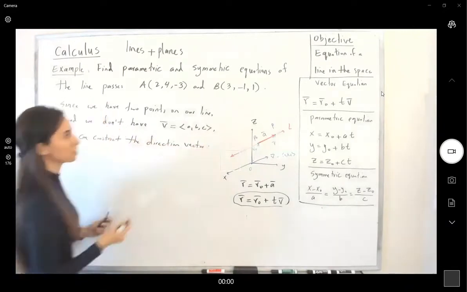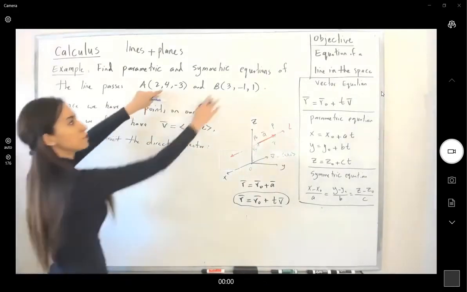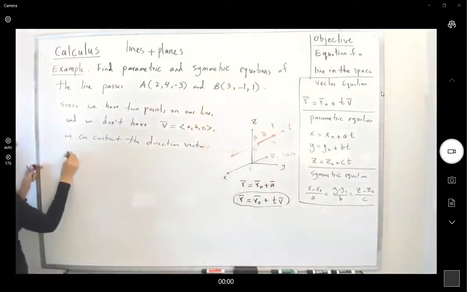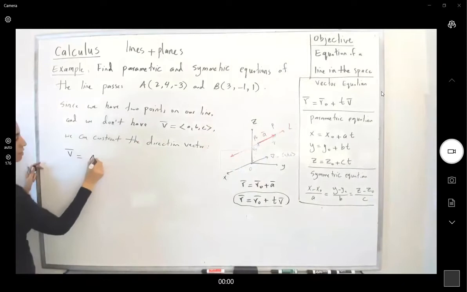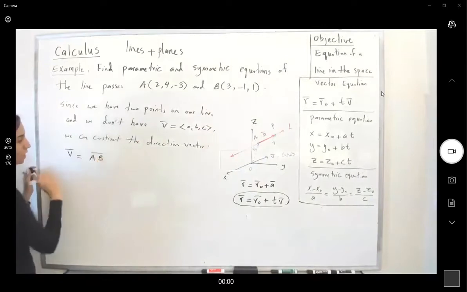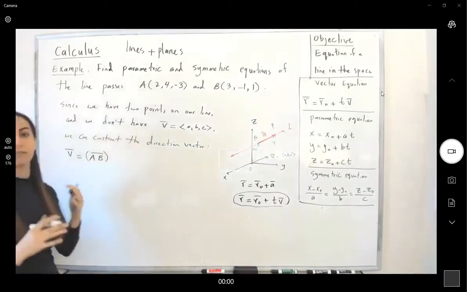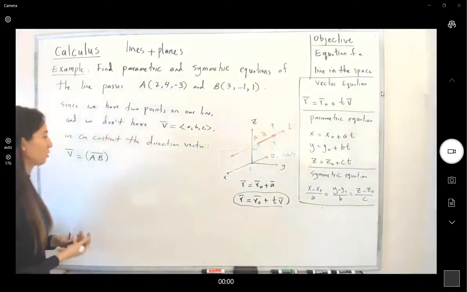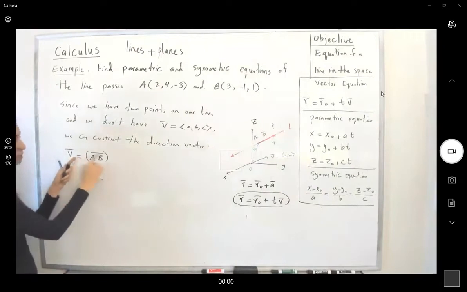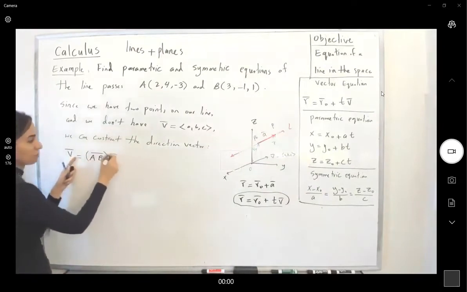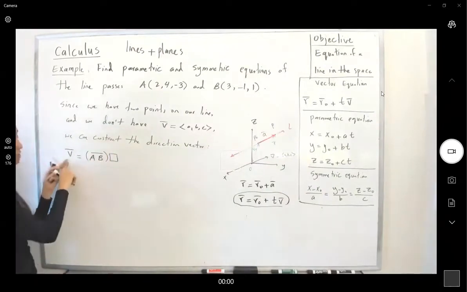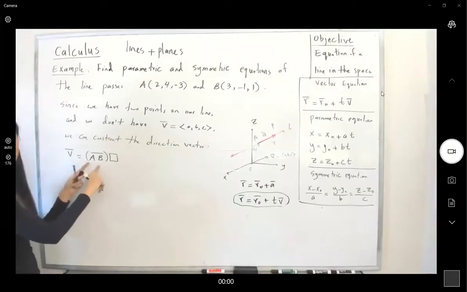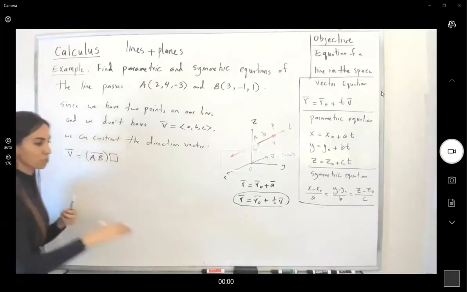This direction vector is a vector connecting these 2 points. Vector v is AB times a number. So this vector v is equal to AB times something. There is a connection between them.